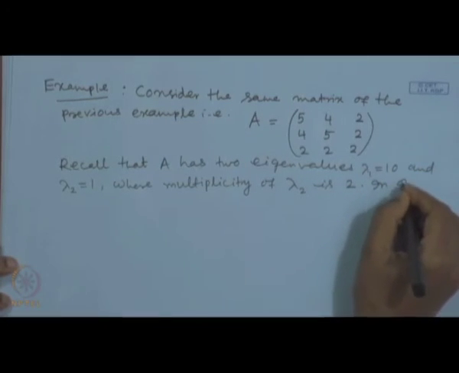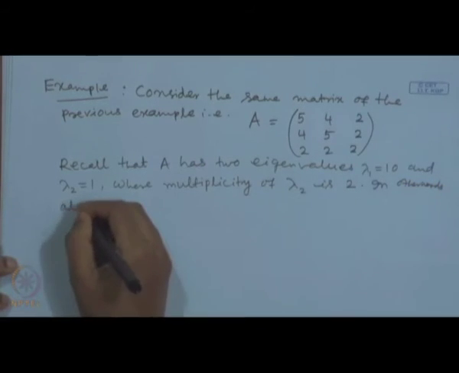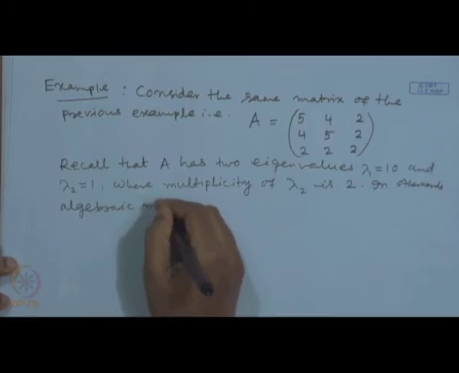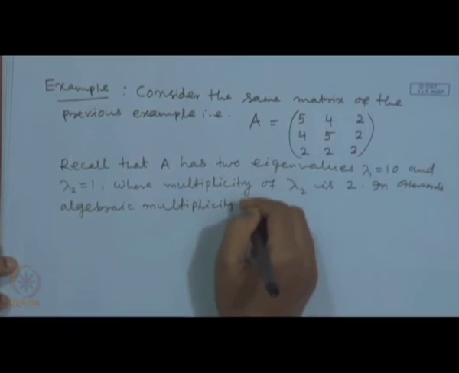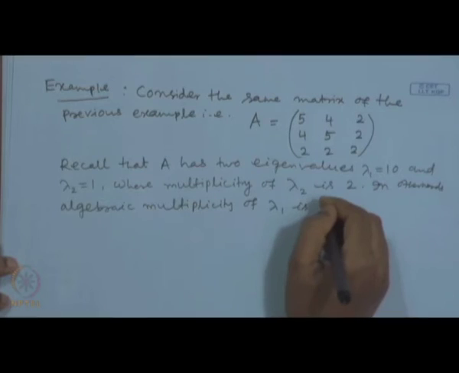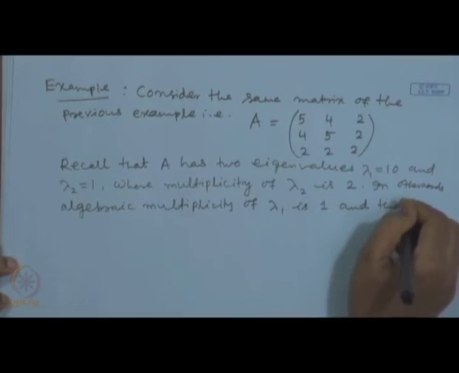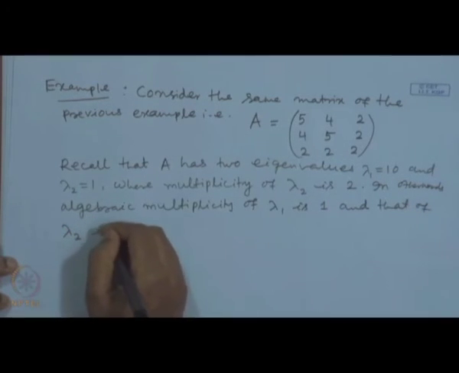In other words, the algebraic multiplicity of lambda 1 is 1 and that of lambda 2 is 2.